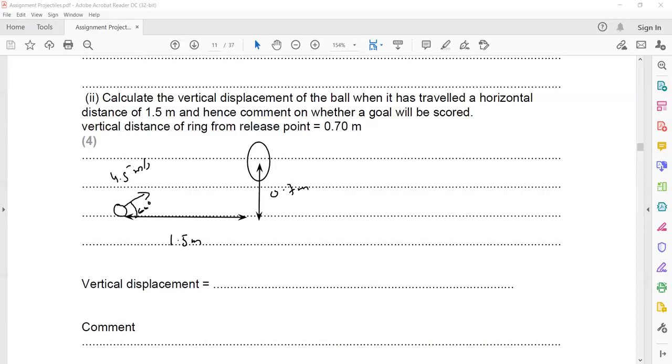So how can we work it out? Basically we'll find, and we already know, the time to reach this 1.5 meter horizontally is 0.67 second. That's the time taken to cover it. So first we'll find the height of the ball when it is at 0.67 second, and if the height of the ball is at the same level, then it will pass through.